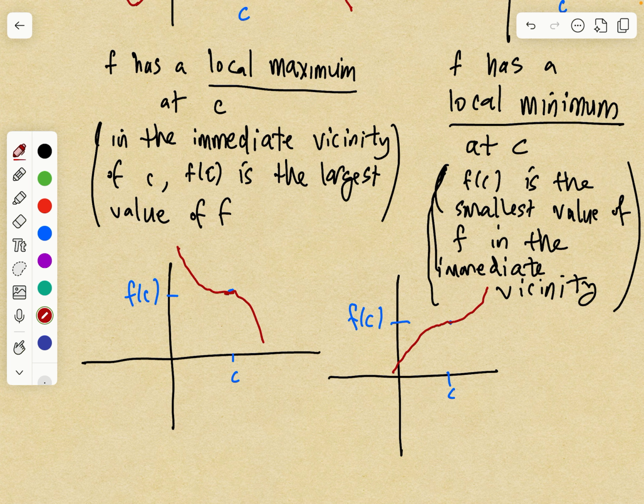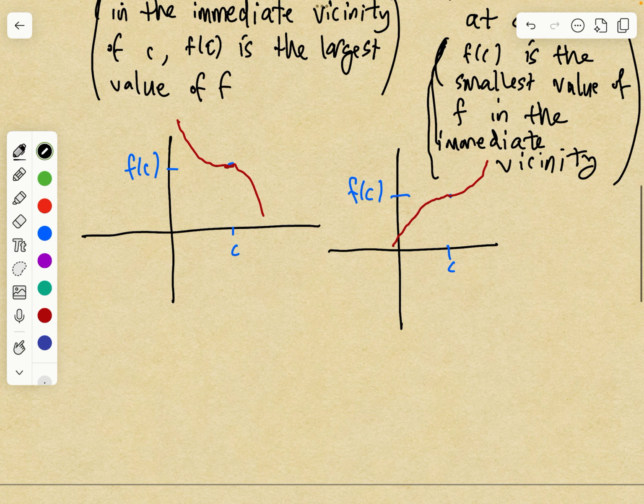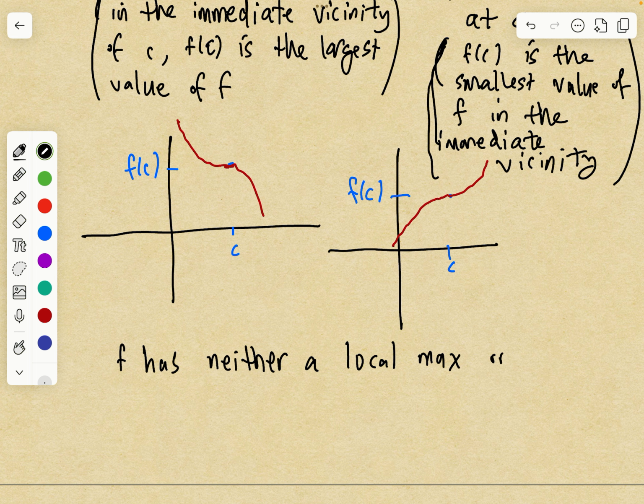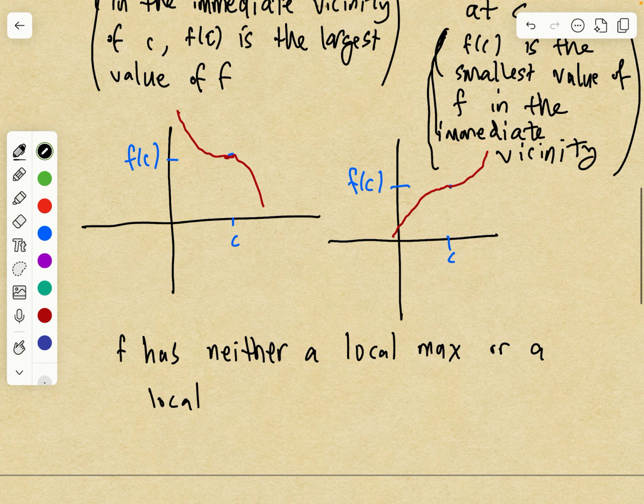At these points you do have a horizontal tangent line, but in these examples, f has neither a local max nor a local min at c.